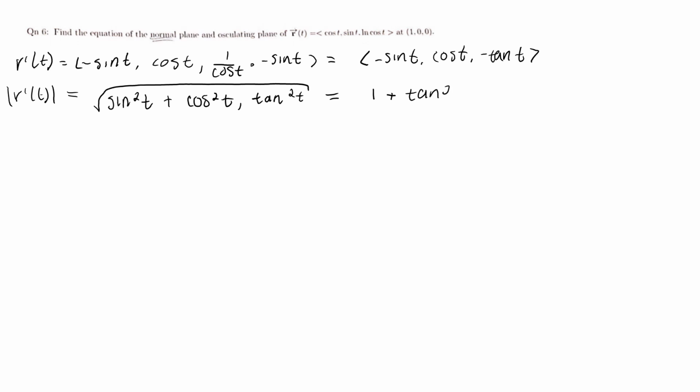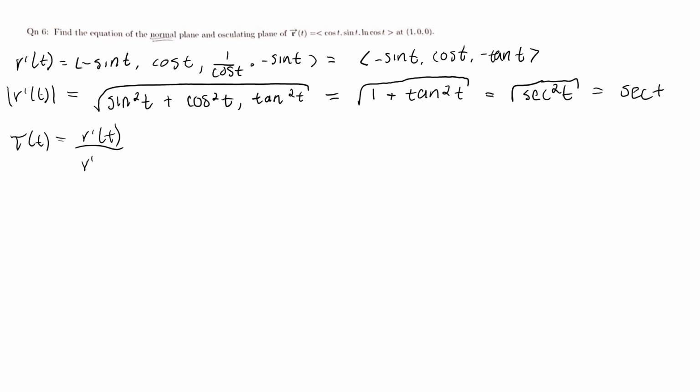We end up having the square root of 1 plus tangent squared, which we know can be simplified into secant squared, which once the square root is taken just becomes secant t. So that's our magnitude. Now we find T, which is just the first derivative over its magnitude.